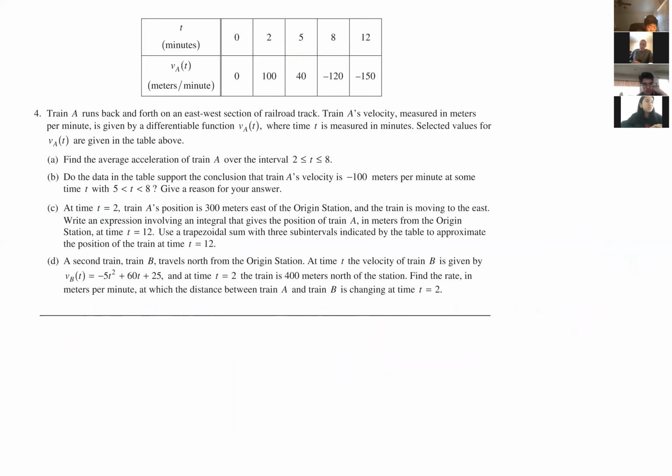Okay, so on 4D, we have 2 trains. Now we're working with train B. I'm going to draw a right triangle because we're going north-south and then east-west. So I'll just say train A is here, train B is here.